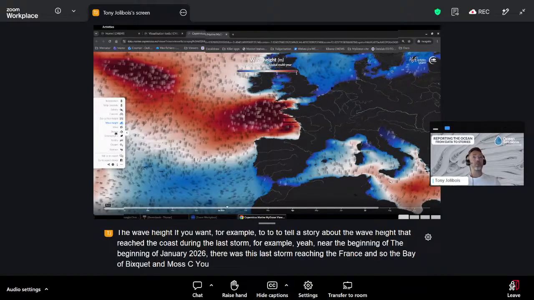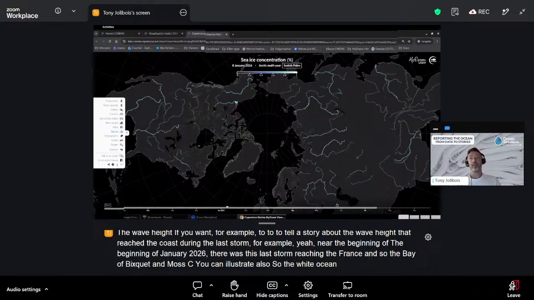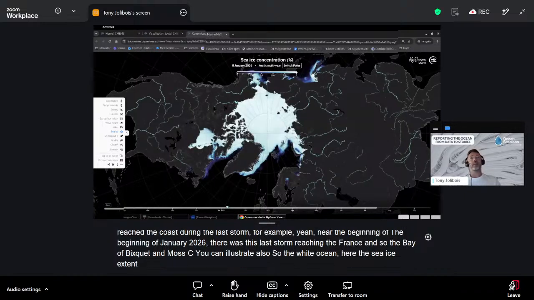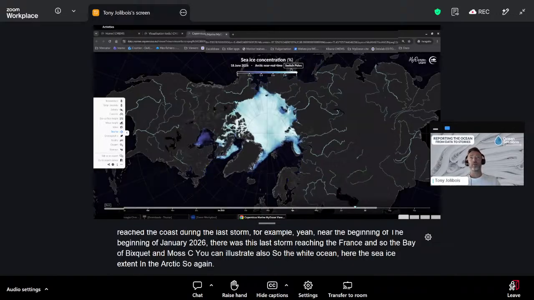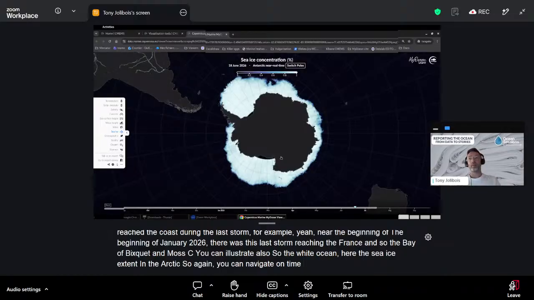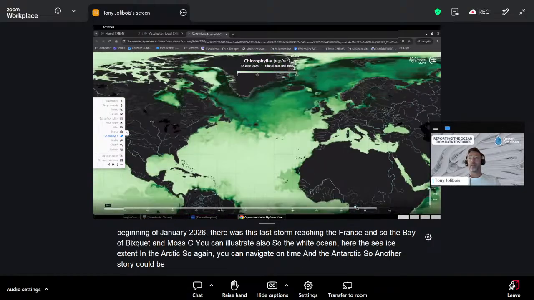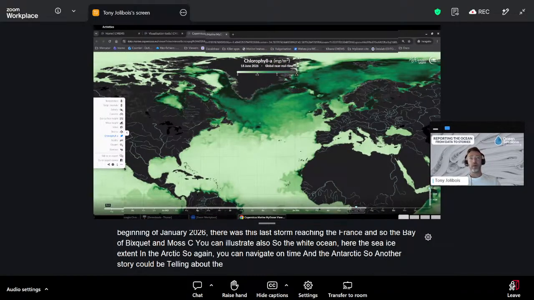You can also illustrate the white ocean, here the sea ice extent in the Arctic. So again, you can navigate on time, and the Antarctic. So another story could be telling about the bloom of phytoplankton during spring.